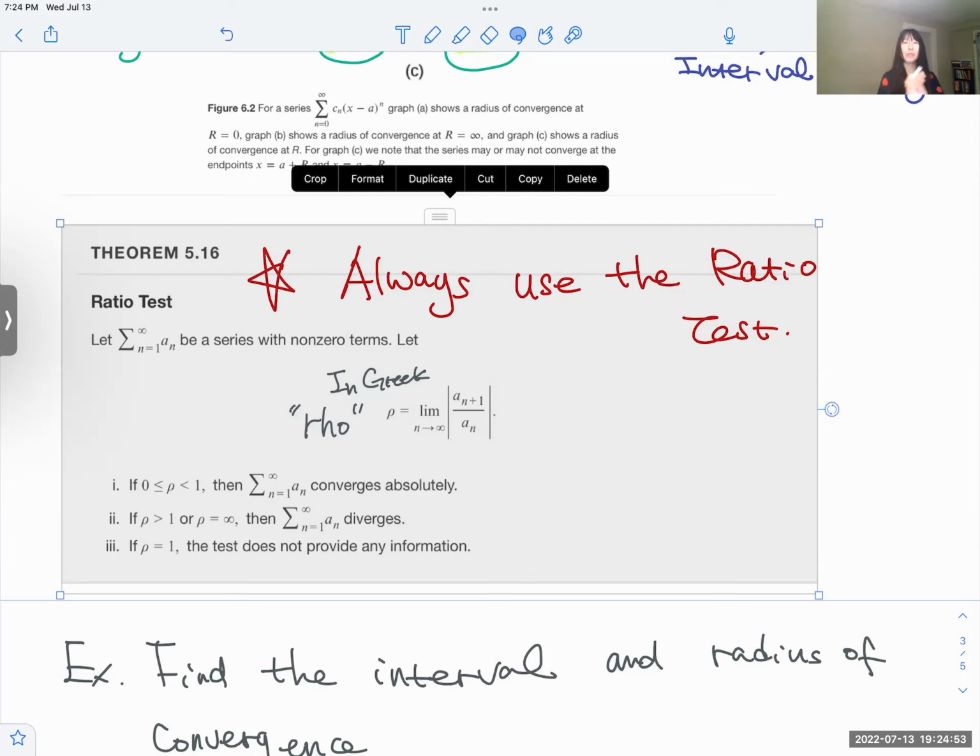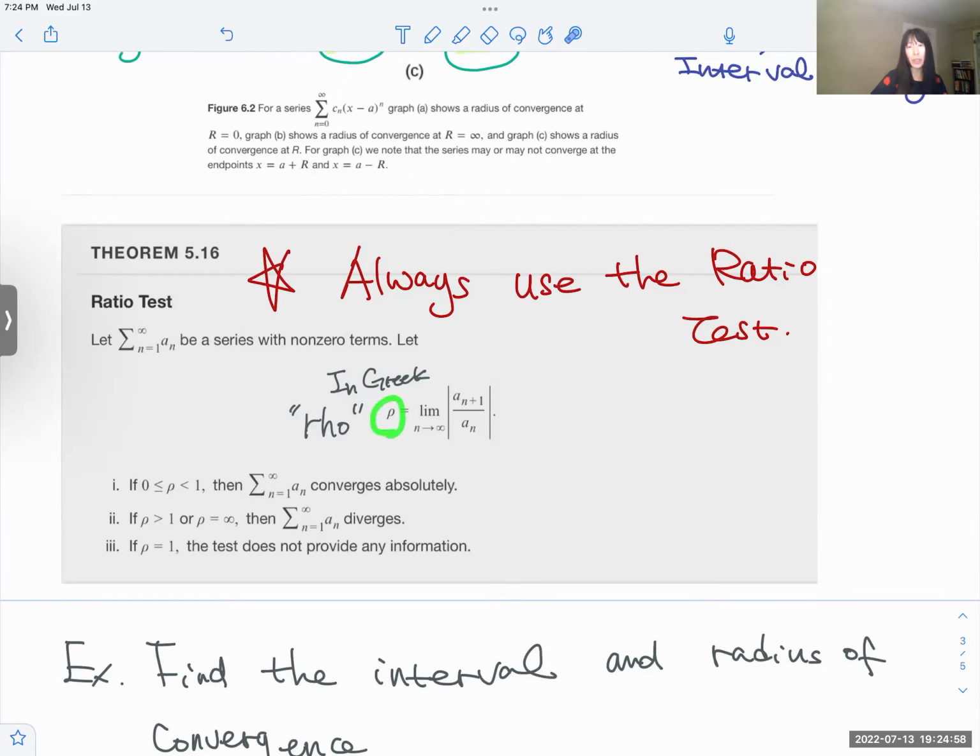We call this rho, a Greek letter. If rho is between 0 and 1, inclusive of 0, the series converges absolutely. If rho is greater than 1 or equal to infinity, then the series diverges. And if it is exactly 1, then it does not give us anything, right?